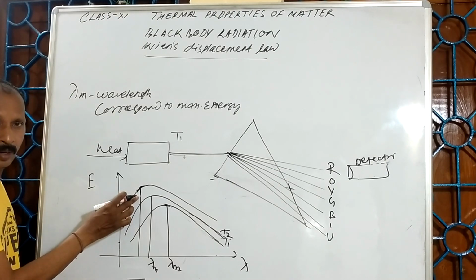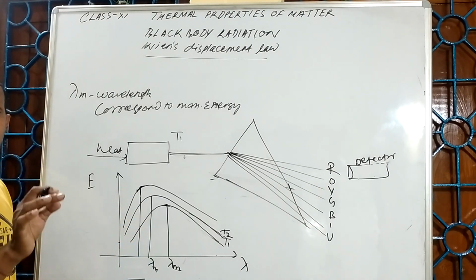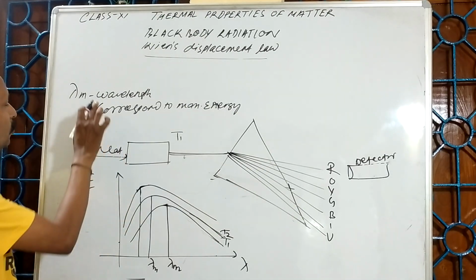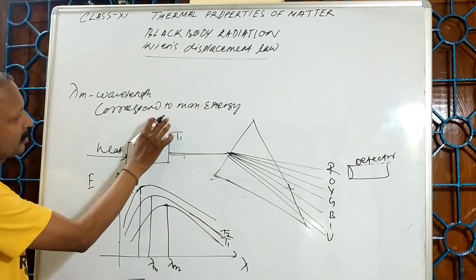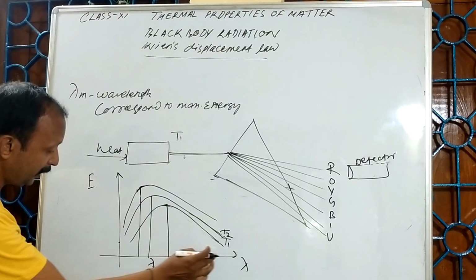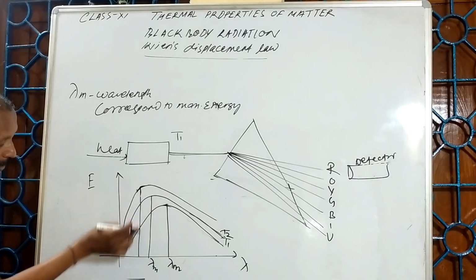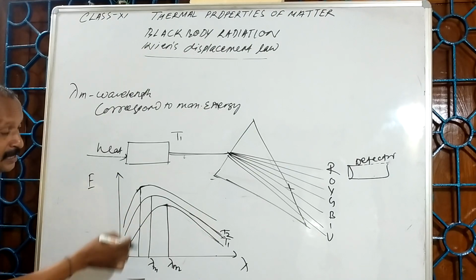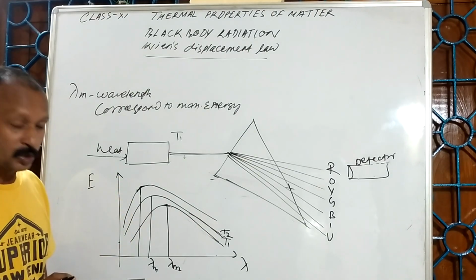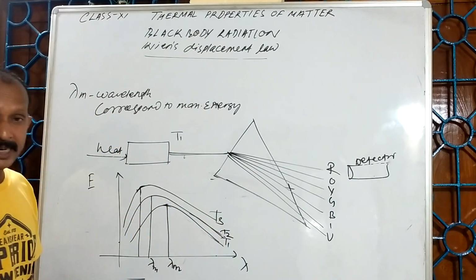It represents the wavelength associated with the maximum energy. Wavelength is decreasing, the height of the energy is increasing, that means the amount of energy is increasing. Suppose this is the case of T3.